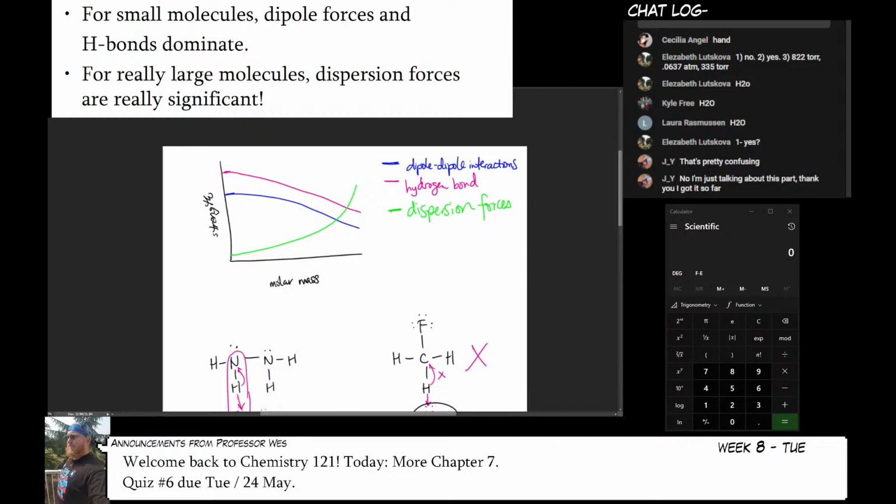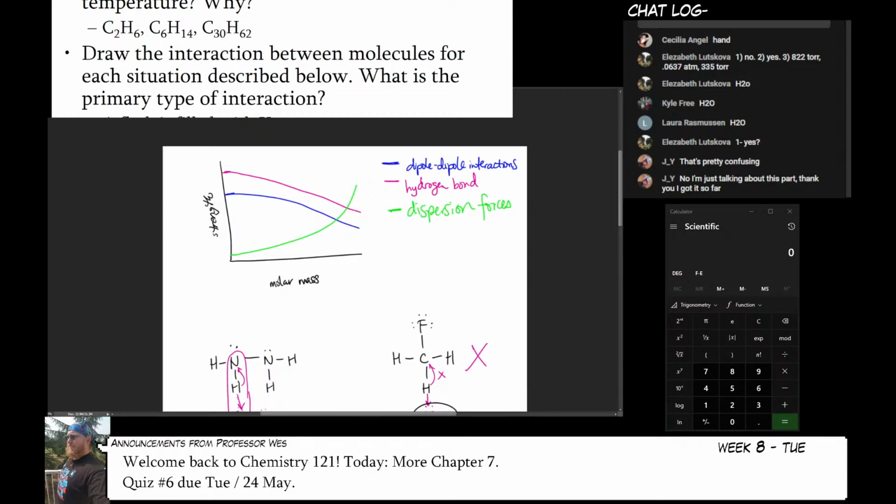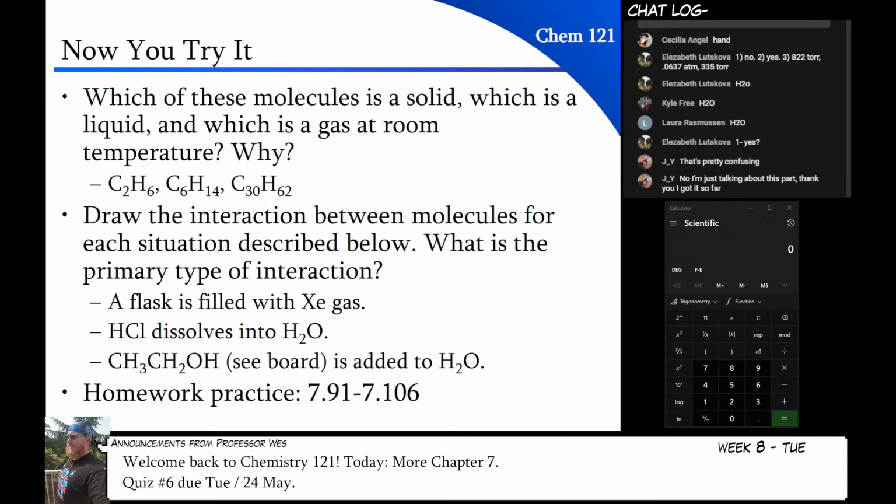All right. Other questions that you'll be asked will be things like this. Let me put the homework practice on the board here. We're not going to do the second question, but I do want you to answer this first question right here. So, of these three, which contain only carbon and hydrogen, which one's a solid, which one's a liquid, and which one's a gas? So, I might ask you about phases.